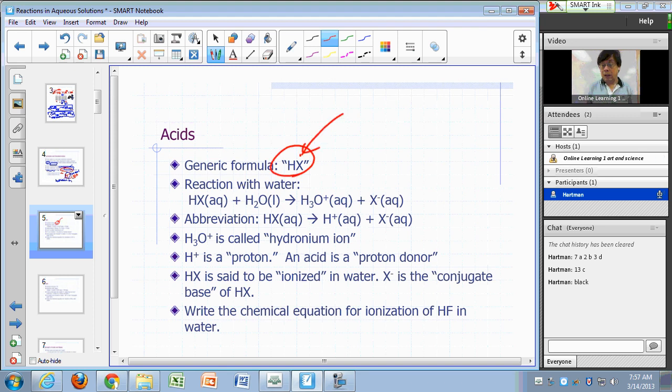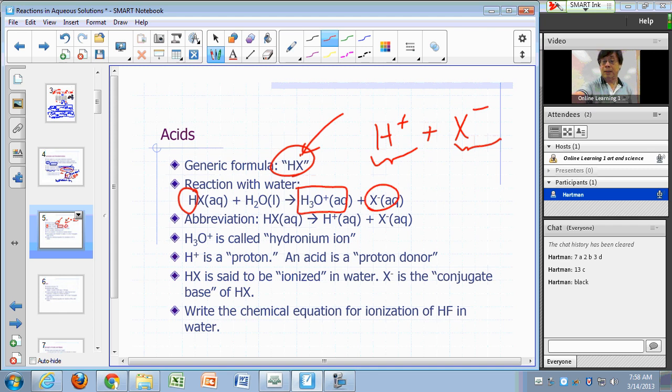So what happens is if you have an acid, you put it in water, the H from the acid breaks off, and so your acid breaks off into H+ plus X-. Notice that if a plus breaks off, what's left behind has a negative charge. So that H+ attaches itself to a water molecule, gives you hydronium ion, and what's left behind is a negative ion.